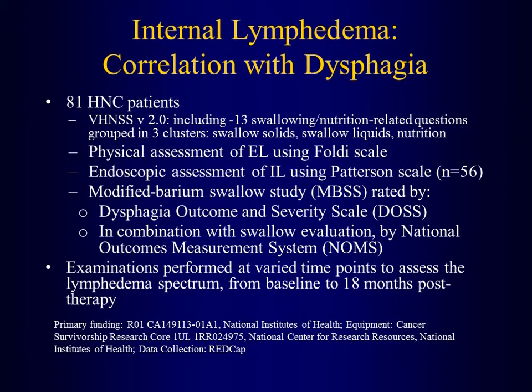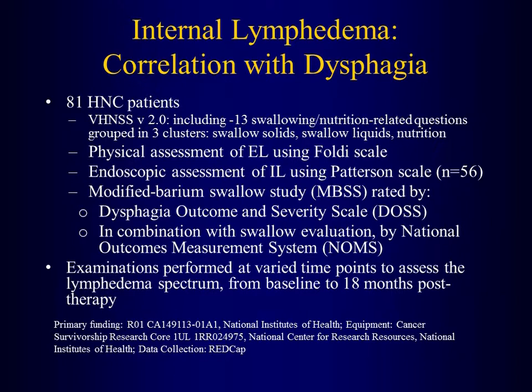So in the R01, we went back and we looked at 81 patients who had had swallow studies done at various time points across their trajectory. Those 81 patients also had self-report measures. So we took a self-report measure.